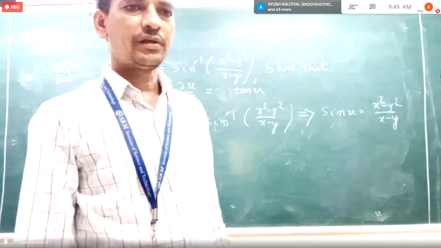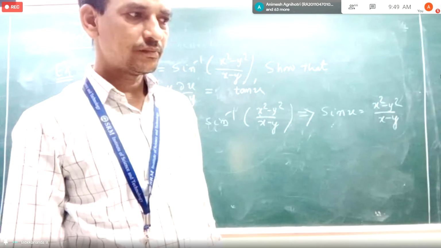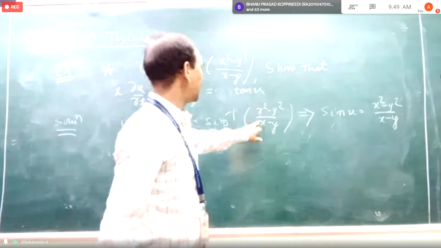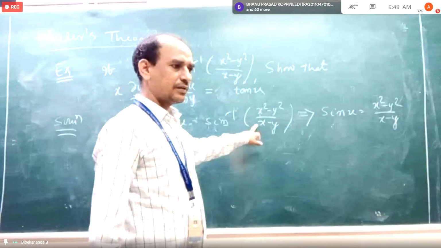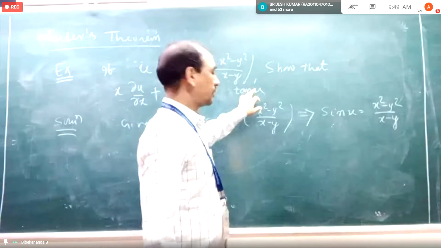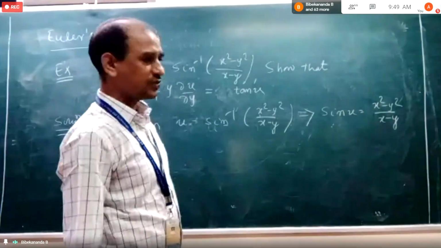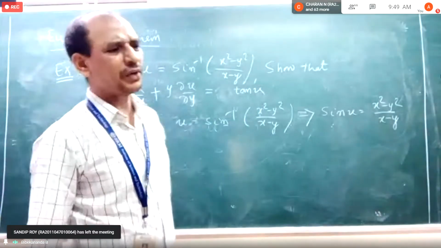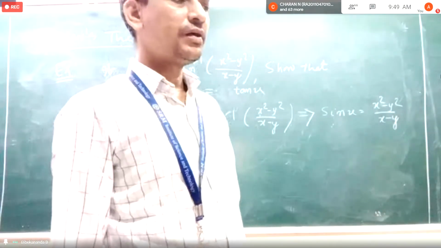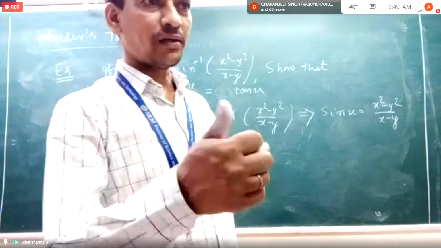Sir, can't we simplify the right hand side? The right hand side will be equal to x plus y, writing a minus b into a plus b.